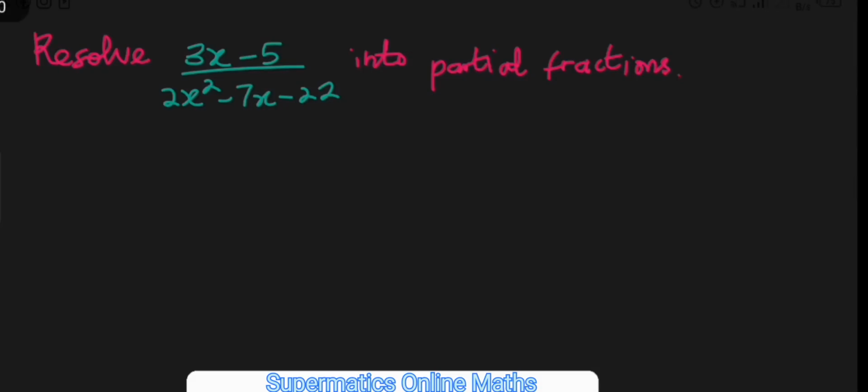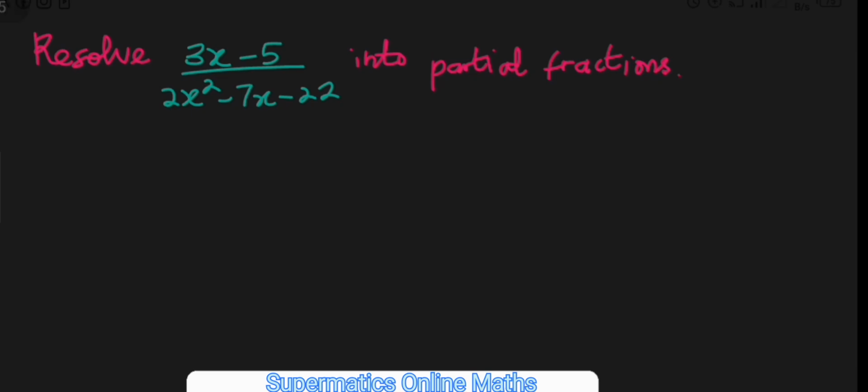In today's math tutorial, we shall be resolving (3x - 5)/(2x² - 7x - 22) into partial fractions. To resolve an algebraic fraction or a rational function into partial fractions simply means that we want to find the fractions that actually add up to give a single fraction.